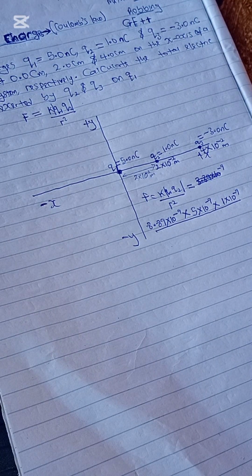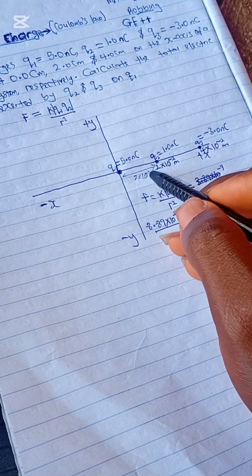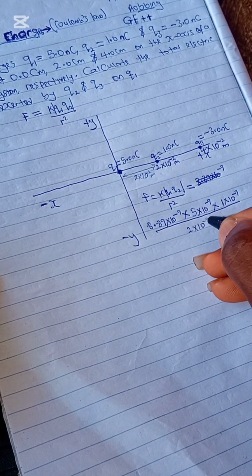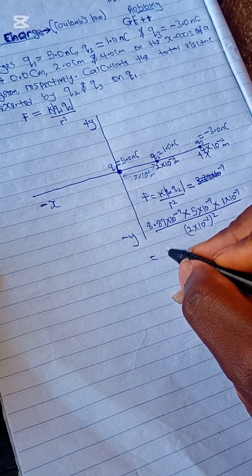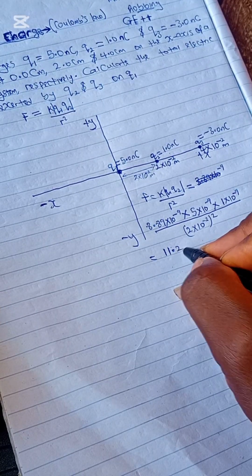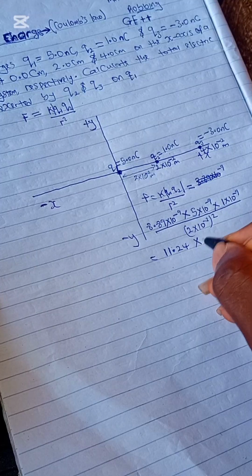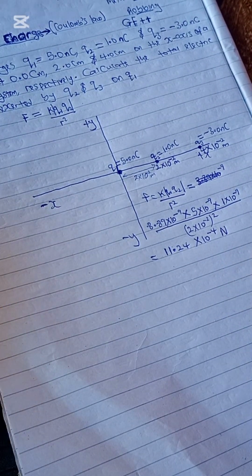But you are squaring it, that's 2 times 10 raised to power minus 2 squared. So this is going to give you, at the end of the day, 11.24 times 10 raised to power minus 4 Newton.